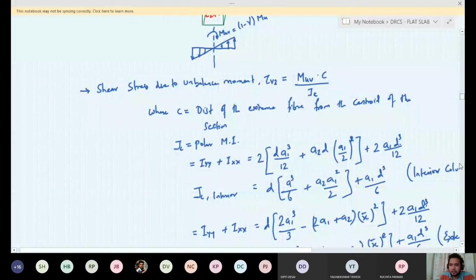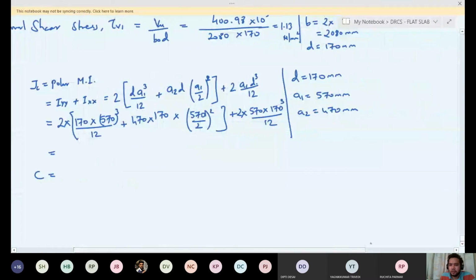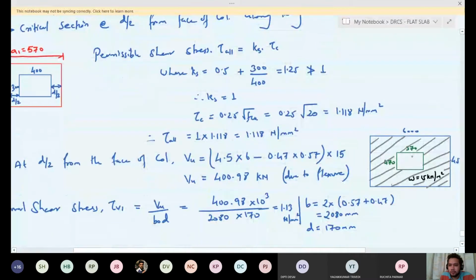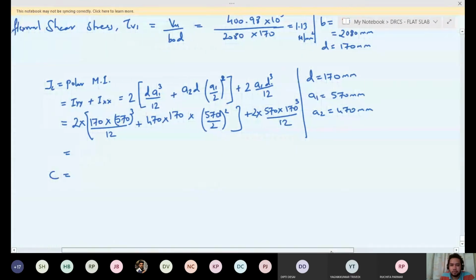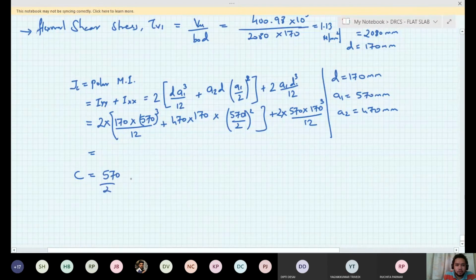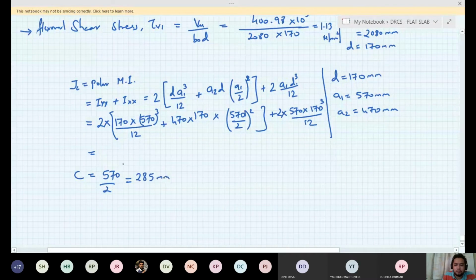So from the centroid of the section, the distance from here will be 570 by 2. So how much is this value? It is 300 minus 15, so it will be 285 mm.